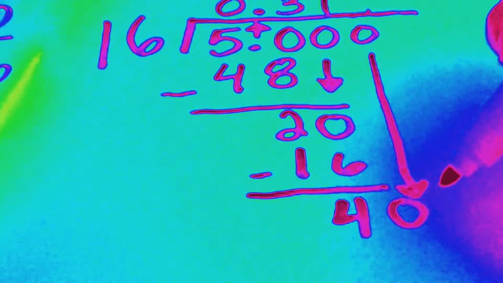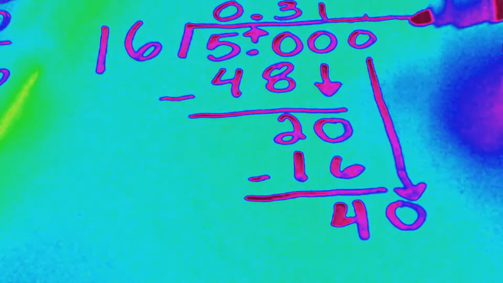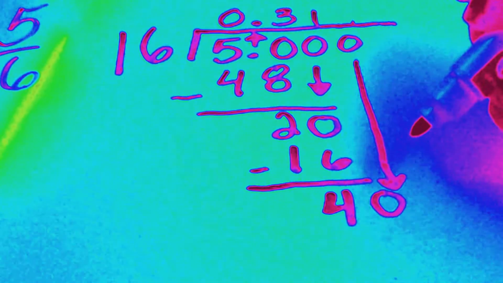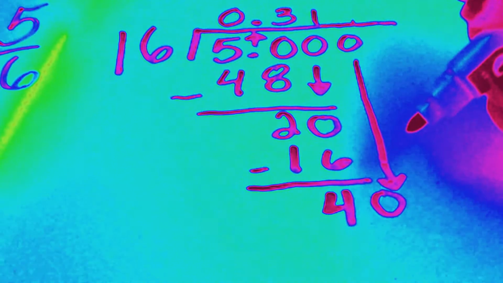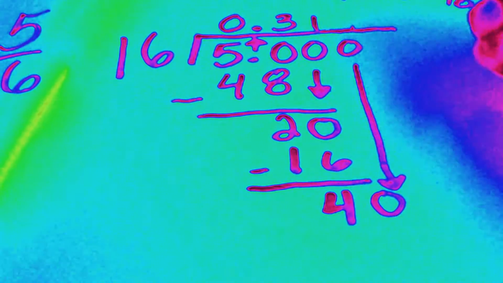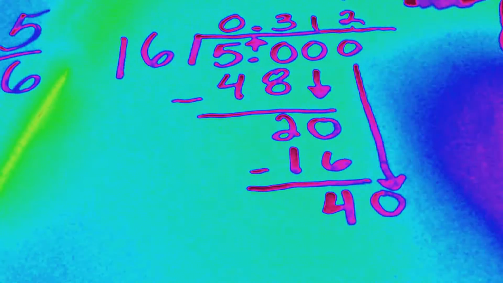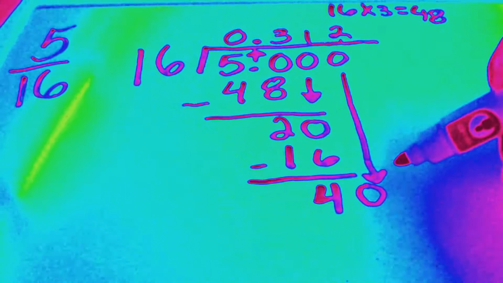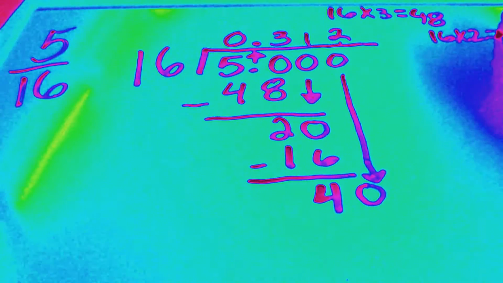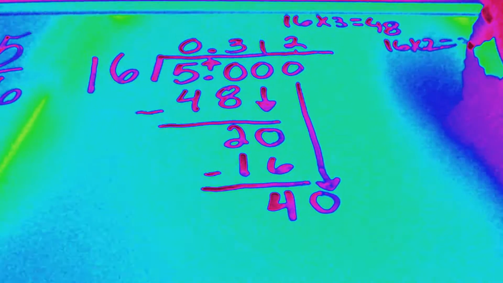Okay, so now we have something we can work with. We can look at 16 going into 40. Okay, so 16 going into 40, we know that it will go into 40 2 times. Okay, so 16 times 2 equals 32.